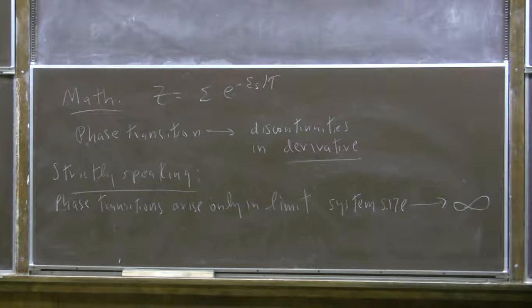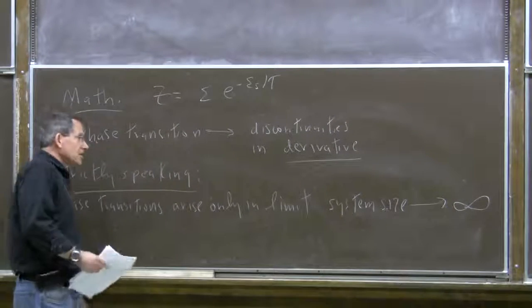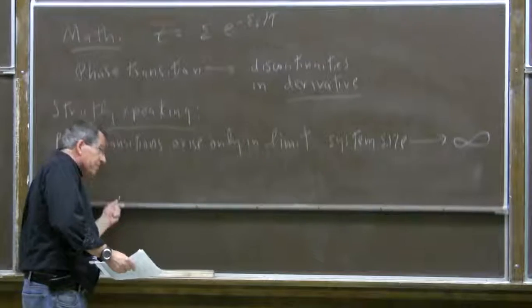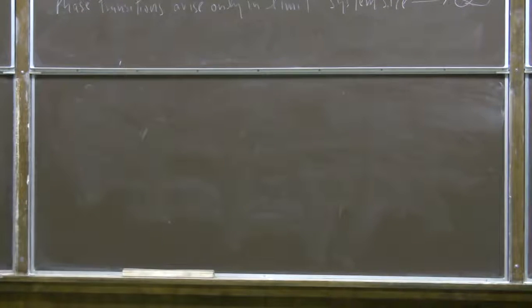And since no laboratory physicist studies an infinite system, we only study finite systems. Technically, we never really see phase transitions. In practice, this distinction isn't very important because the systems that we do study typically have a large number, of order Avogadro's number in many cases, of particles.